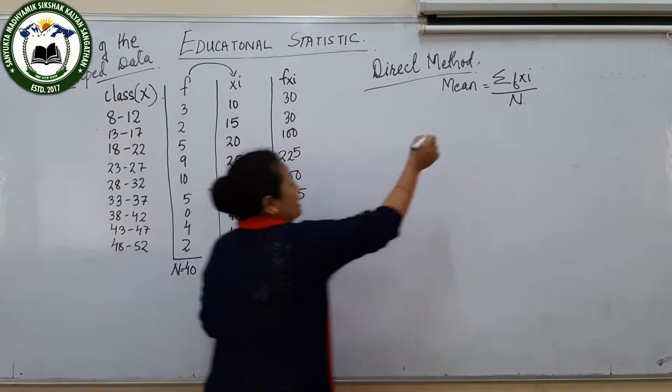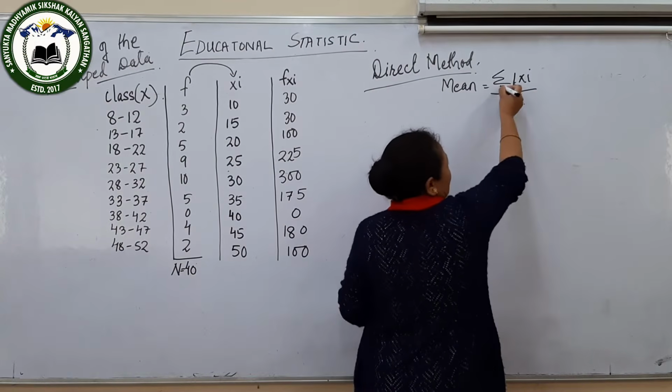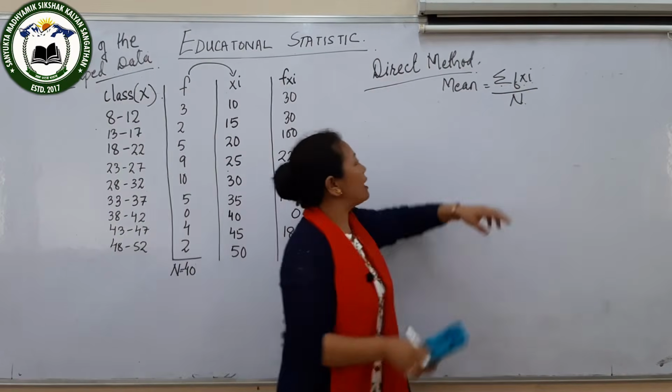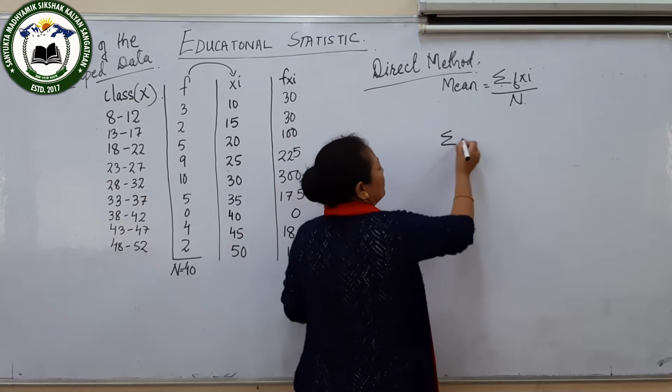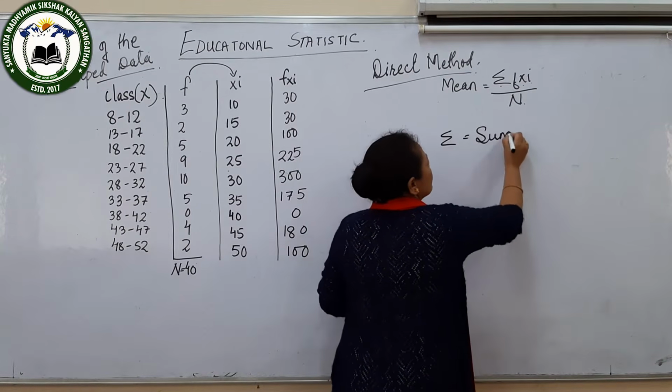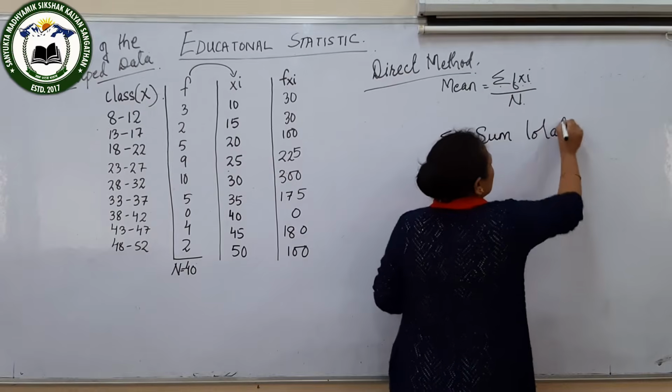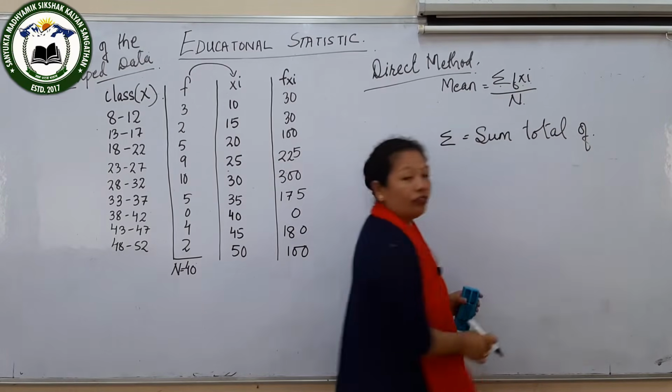So now what I need over here is sigma fxi. We know that sigma means sum, total of.